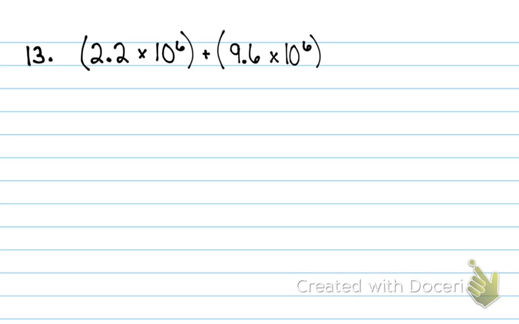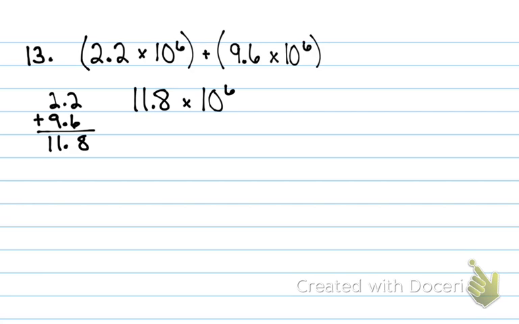Okay, so I'm adding. So what's the first thing I need to check for when I'm adding or subtracting? Check for my exponents to be the same. Are they the same? They're both 6. So because they're both the same, I can do what with my decimals? Add them together, okay? So 2.2 plus 9.6 is 11.8.